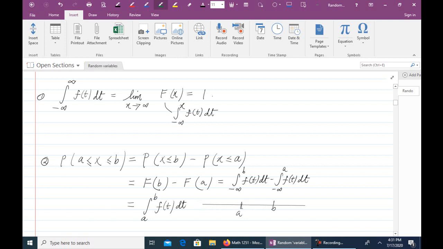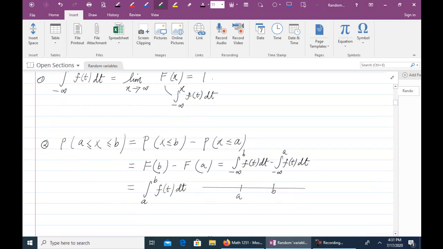So when you subtract, you get the integral from a to b of f of t dt. So the probability that x is in between a and b is given by the integral from a to b of f of t dt, where small f is the PDF.